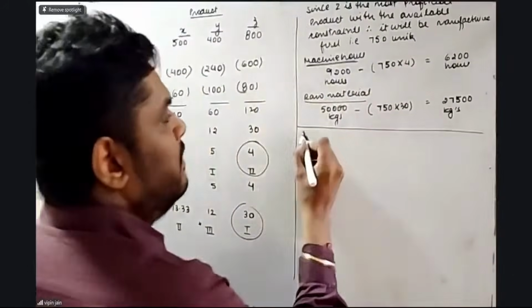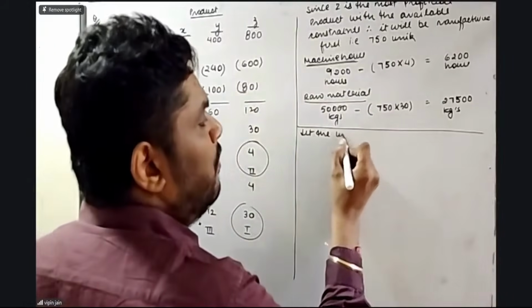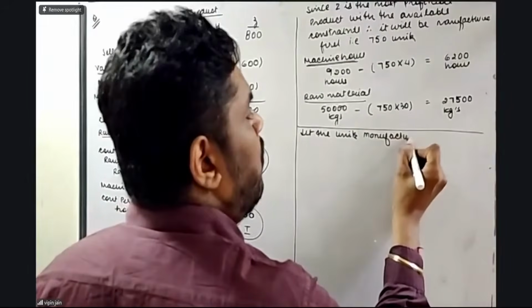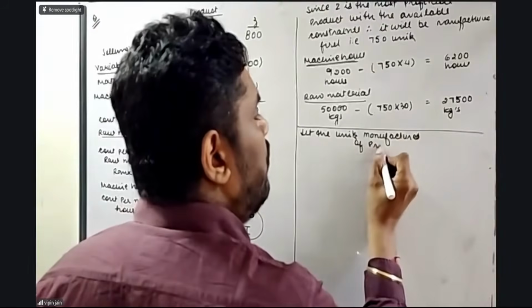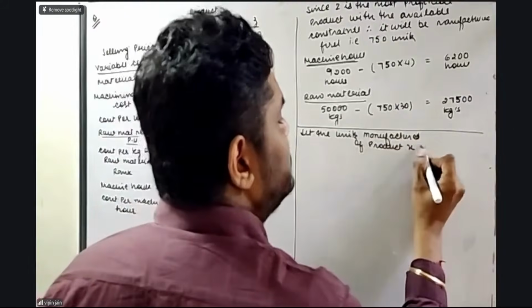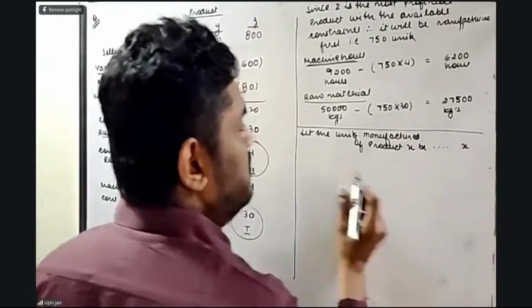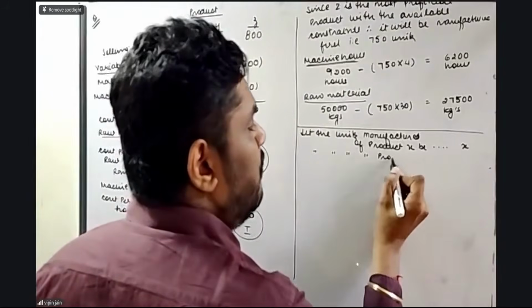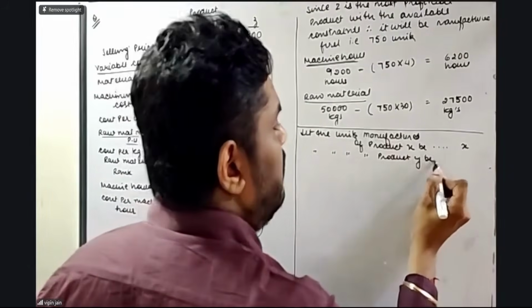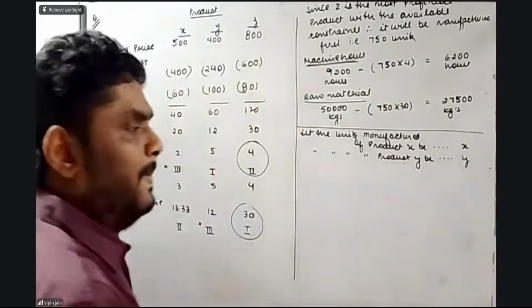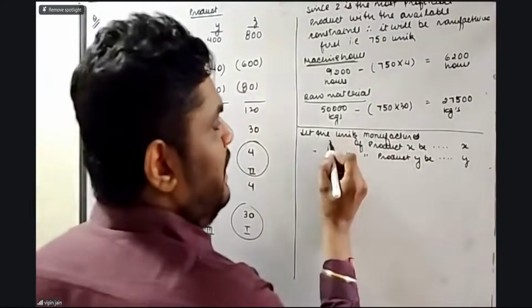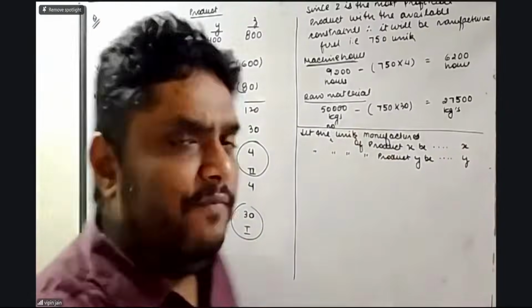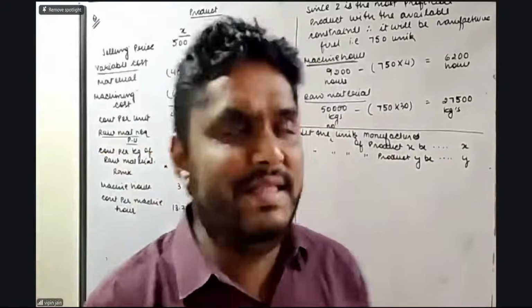So let the number of units manufactured of product X be X, and let the number of units manufactured of product Y be, let's say, Y.